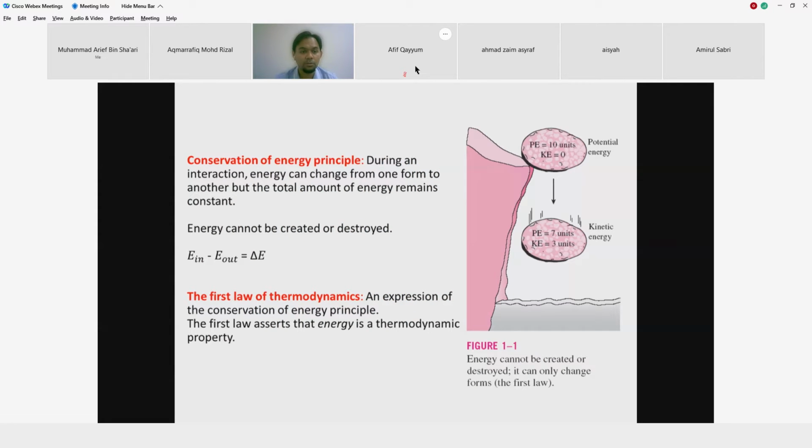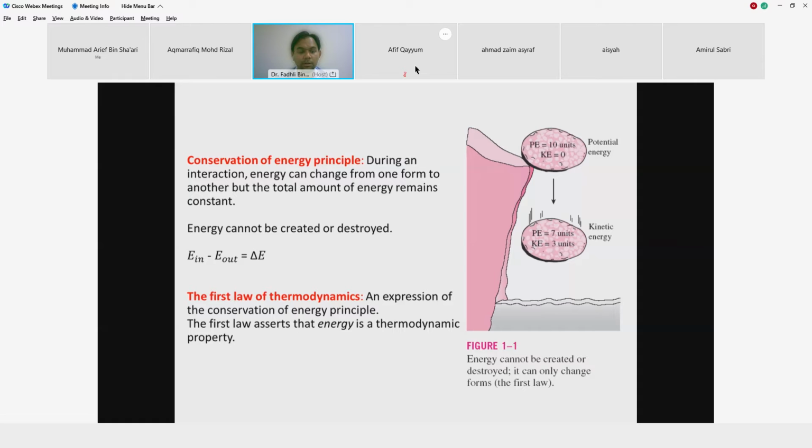Next, the conservation of energy principle. Since energy cannot be created nor destroyed, it can transform from one form to another form. So there is one principle related to the statement, which is the conservation of energy principle. During an interaction, energy can change from one form to another form, but the total amount of energy remains constant.